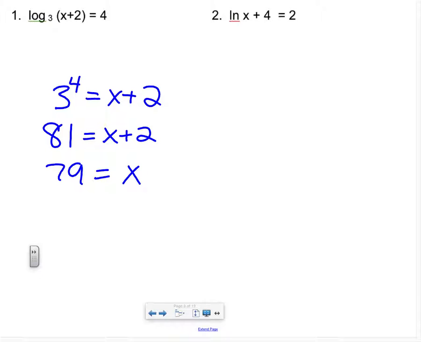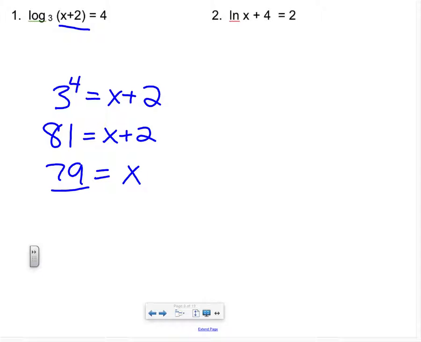Now with logs, you do one little check: make sure that when you plug this answer back into the argument of the log, you don't get a negative number. You can't take the log of a negative. Sometimes you'll get extraneous answers when you work with logs, so you have to check that. But that's fine, because 79 plus 2 is 81.